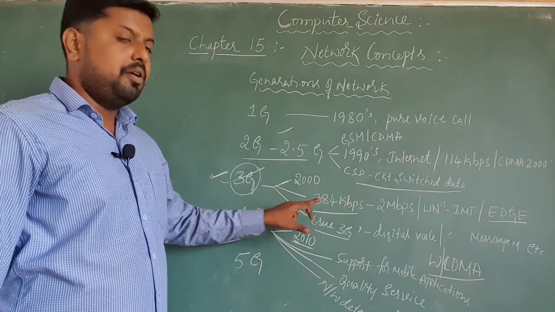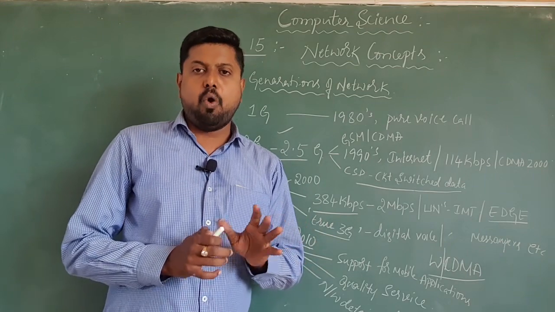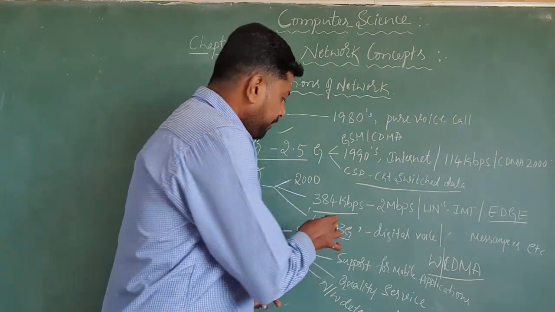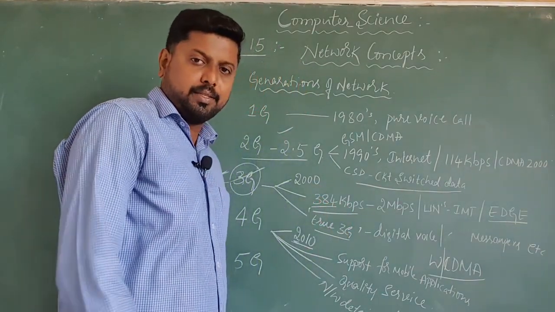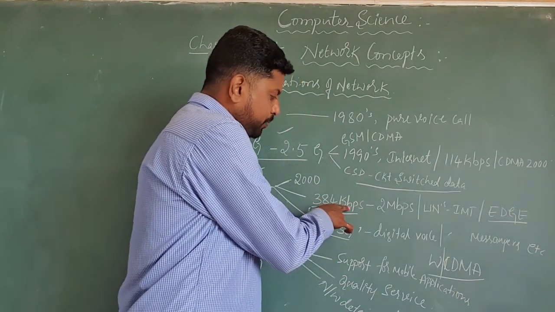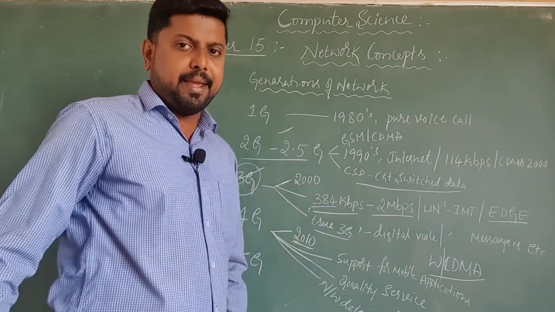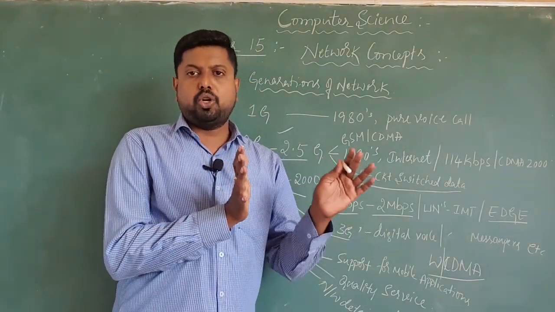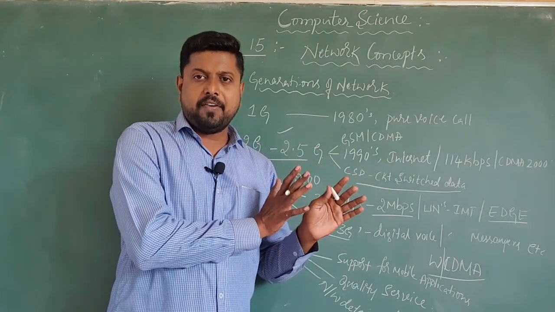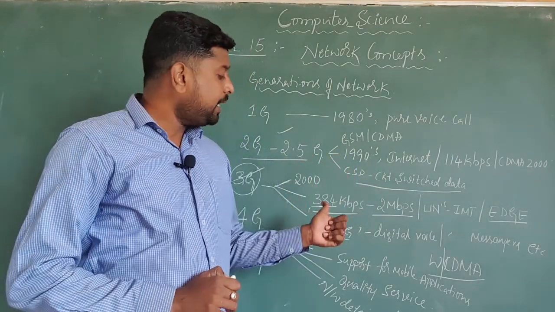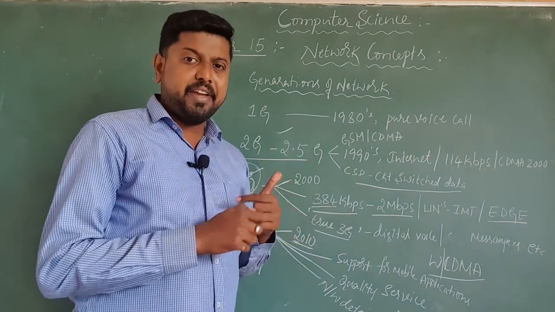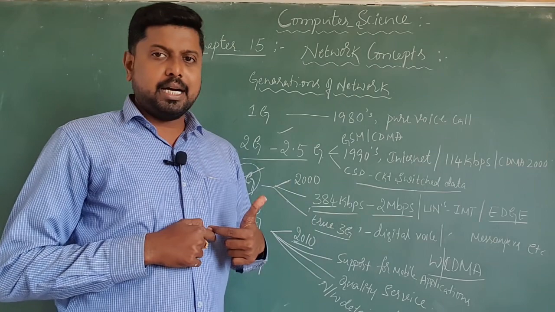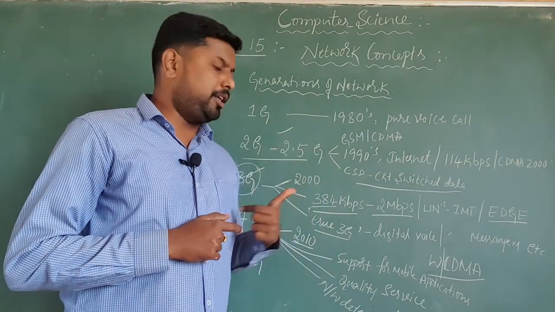So usually for the true 3G, the minimum data speed is from 384 kbps to 2 Mbps. This is the speed the true 3G network will usually offer, because there are variations. Not all networks will give exactly 2 Mbps.